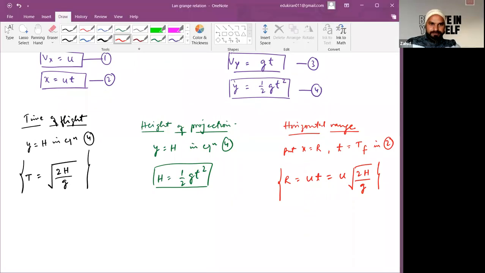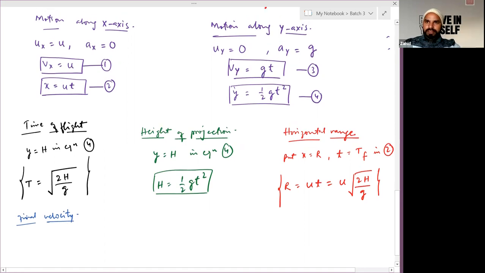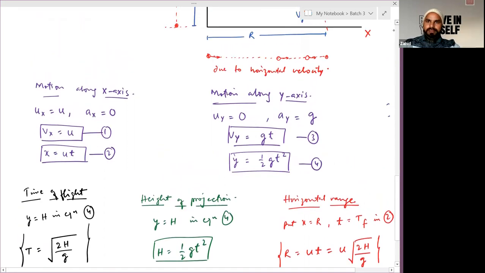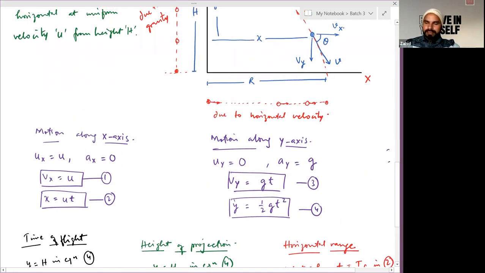Similarly, we may find final velocity at any instant. To get this final velocity, just see in this graph, we have two terms. First is along x-axis, which is Vx, and second is Vy along y-axis. And these two terms are perpendicular to each other.